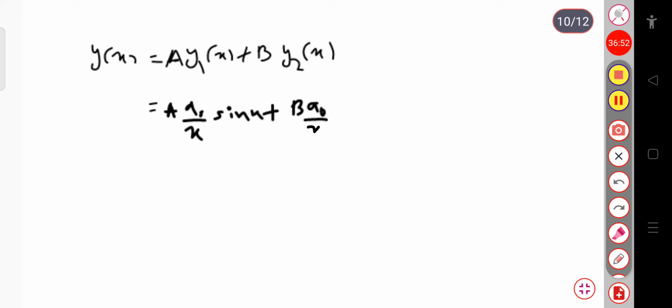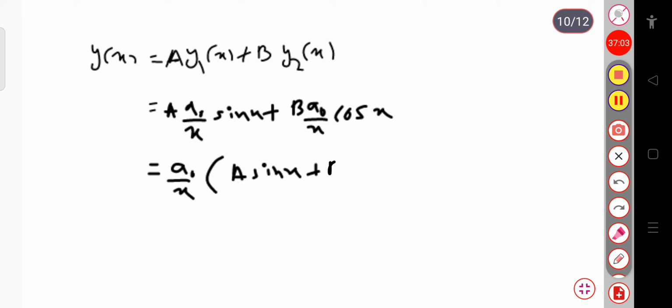Taking a0 by x common, this is a0 by x into a sin x plus b cos x. This is the solution of the differential equation we have taken.